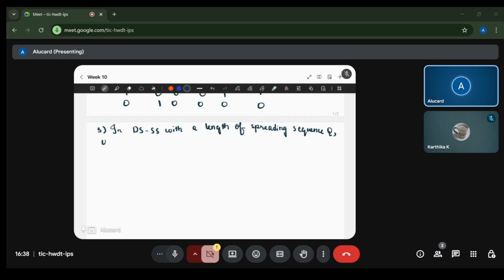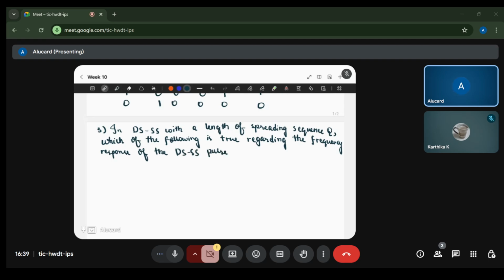Question: which of the following is true regarding the frequency response of the DSSS pulse shaping signal?